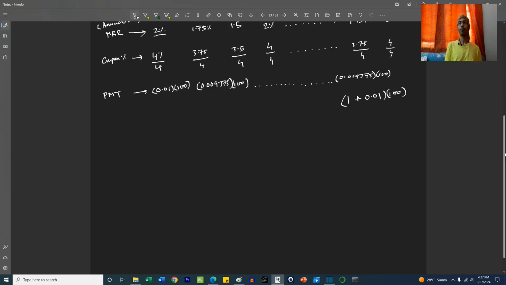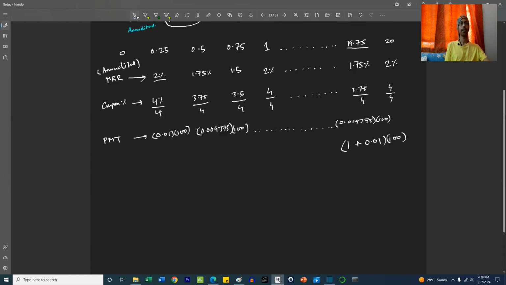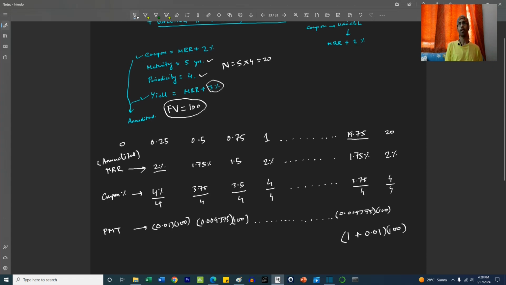Now, to calculate the present value, we also need to know the discount rate, right? The discount rate here, we have mentioned, is the yield, which is MRR plus 3%, but again this is an annualized rate. So we have to divide this MRR plus 3% by 4.